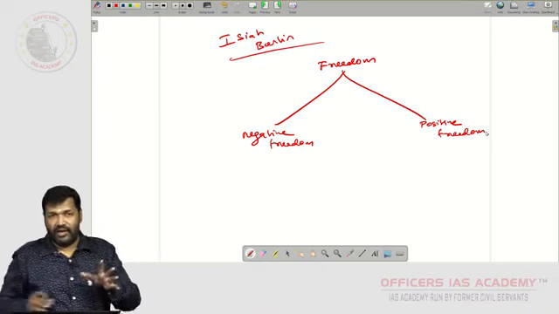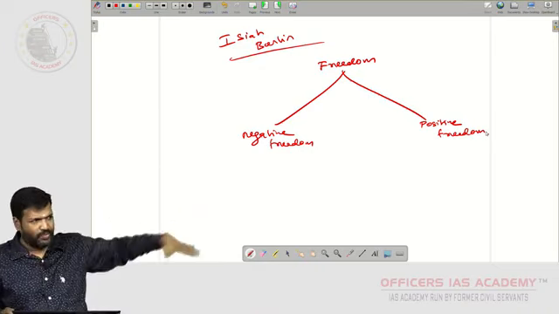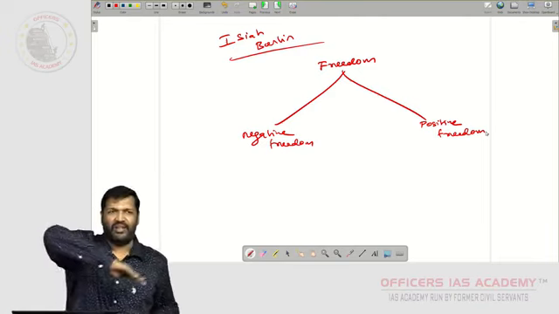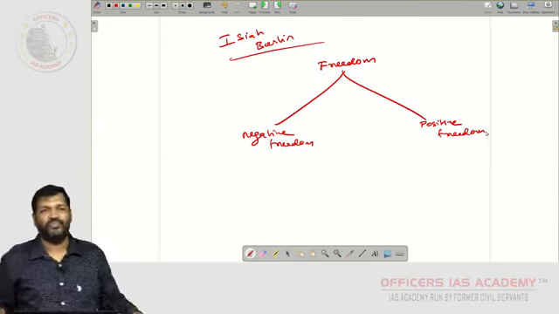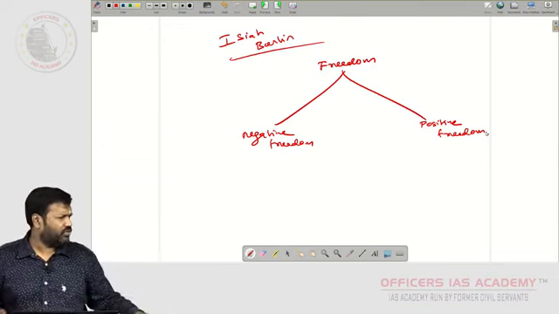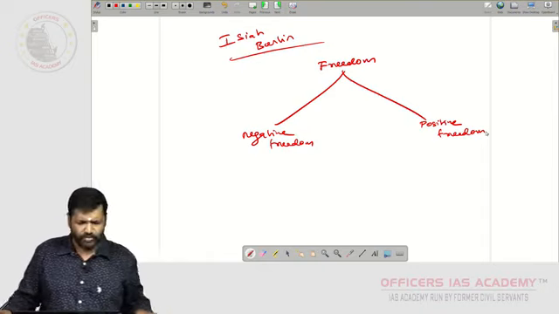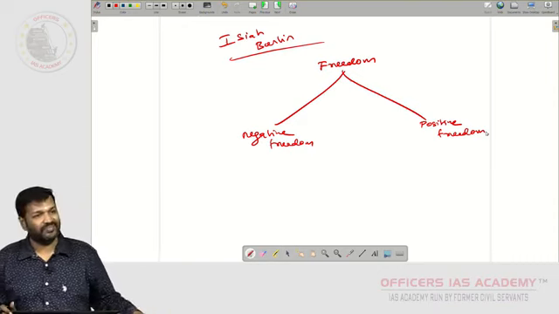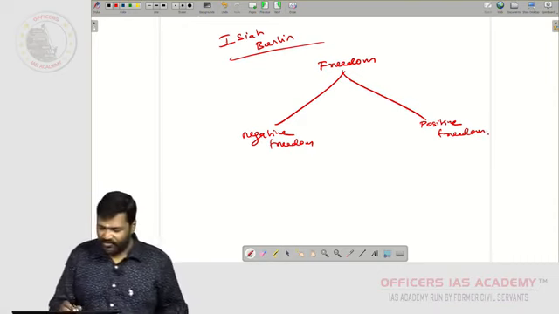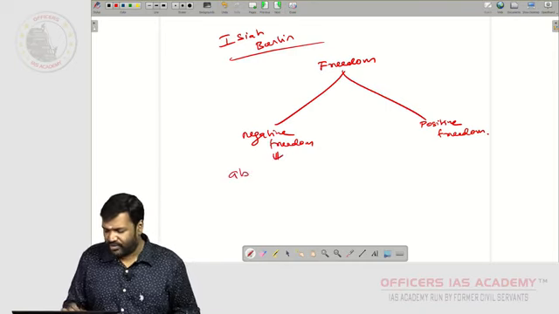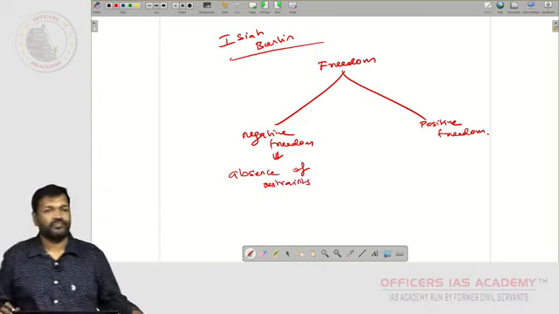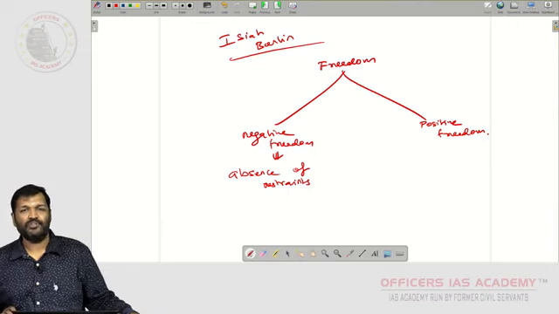So Isaiah Berlin, considering all these people's opinions, comes to the view that there are different kinds of thinkers. Certain people have spoken about negative freedom and certain people about positive freedom. What is it? He says negative freedom could be defined as absence of restraints.